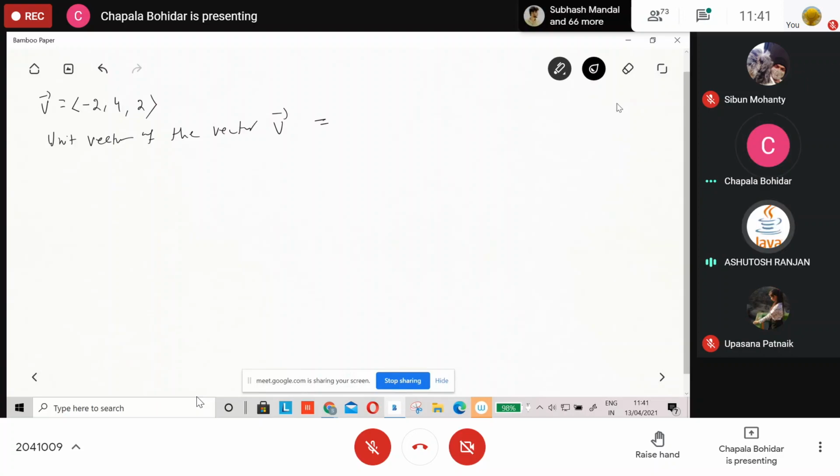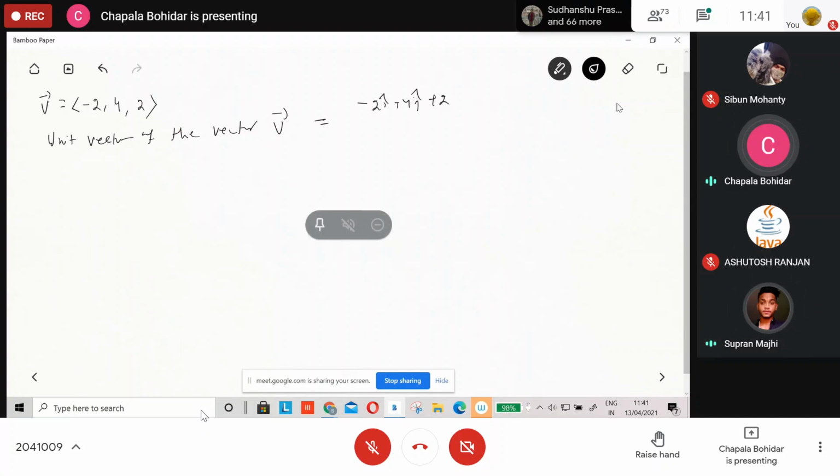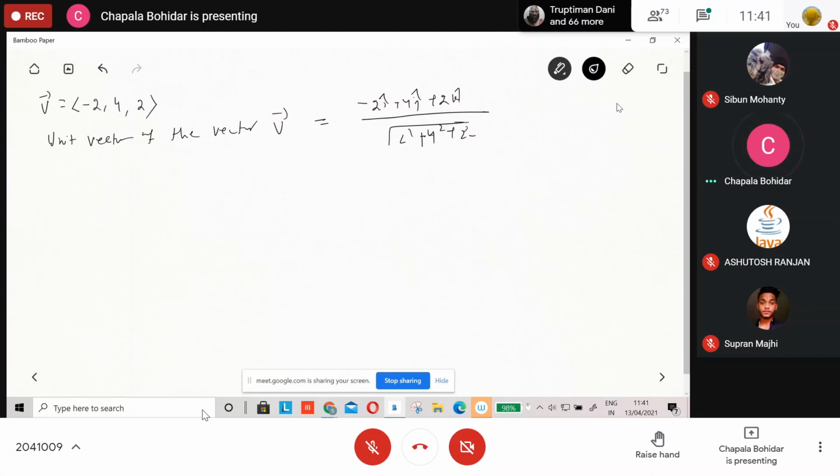Unit vector: minus 2i plus 4j plus 2k divided by the square root of 2 squared plus 4 squared plus 2 squared. It is 4 plus 16 plus 4, 24. Isn't it?